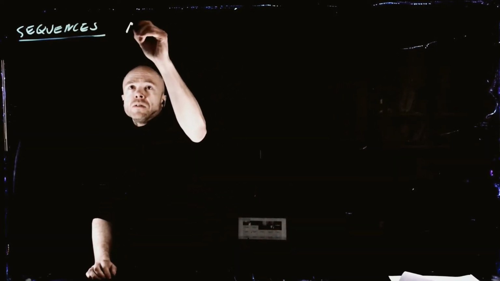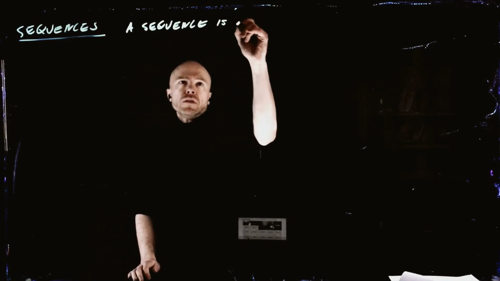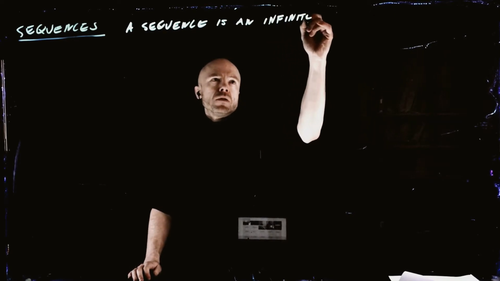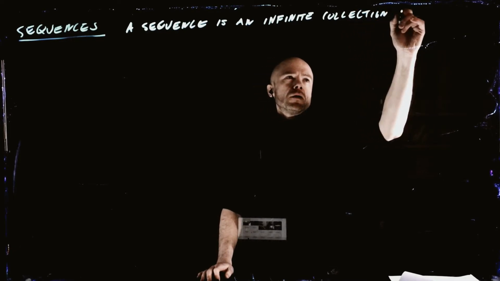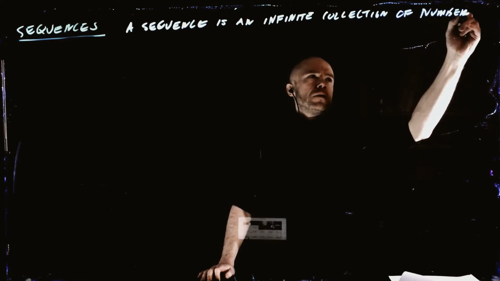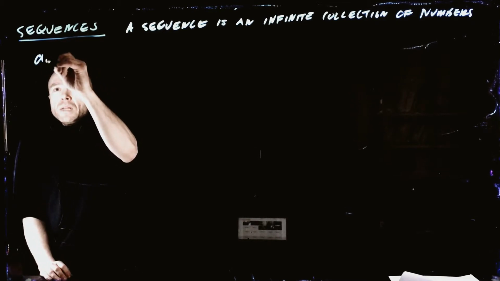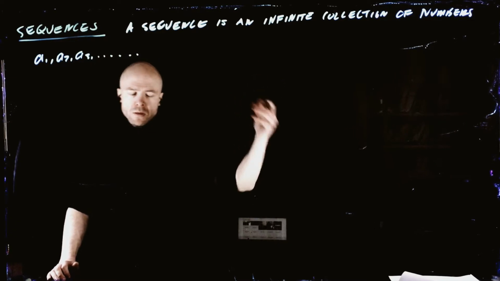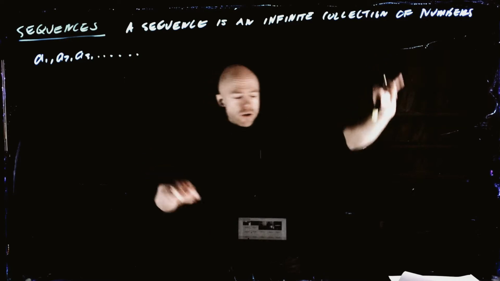So a sequence is an infinite collection of numbers that we make in a list. We can call it A1, A2, A3, and so on. Okay, so it's very much like a finite collection of numbers, except it's infinite. It just keeps going on forever.